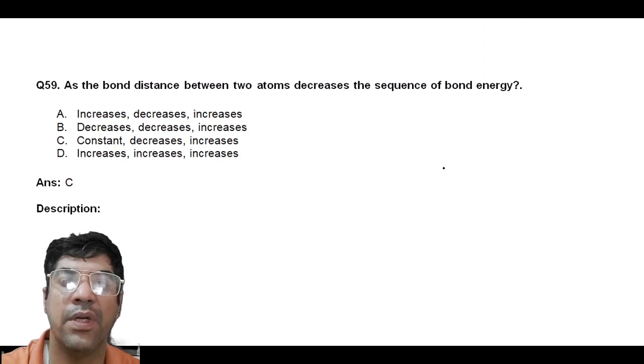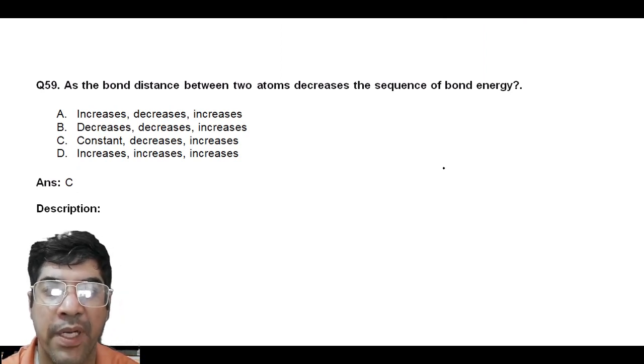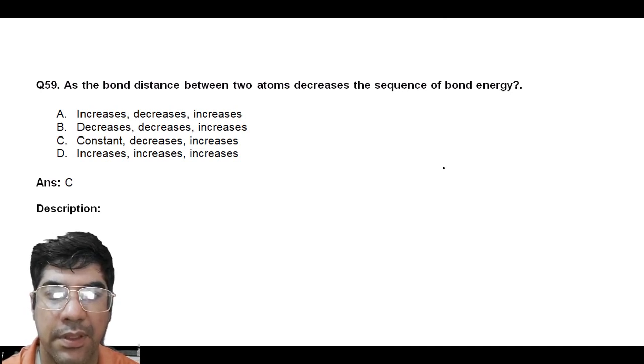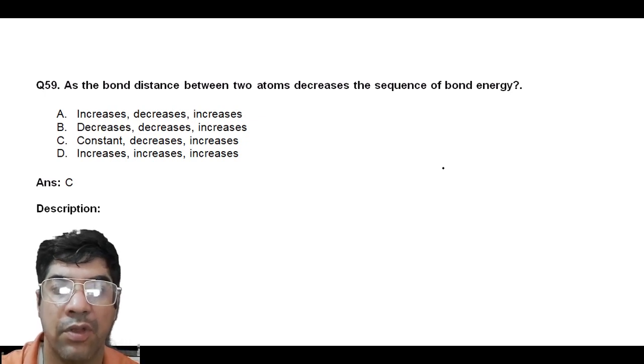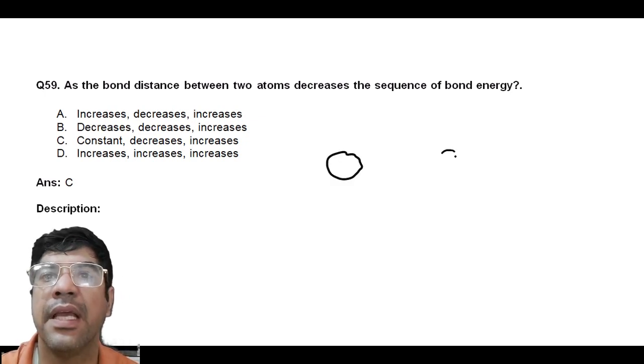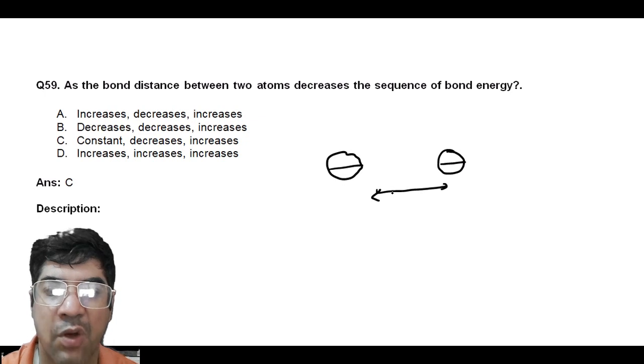As the bond distance between two atoms decreases, what is the sequence of bond energy? Until the atoms are far apart, the bond energy remains more or less constant.